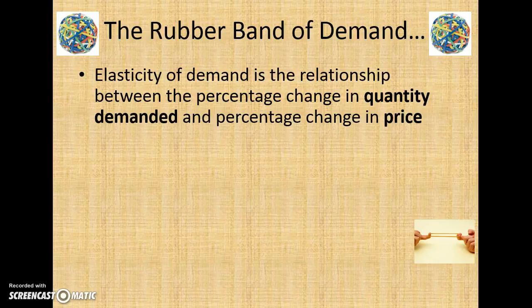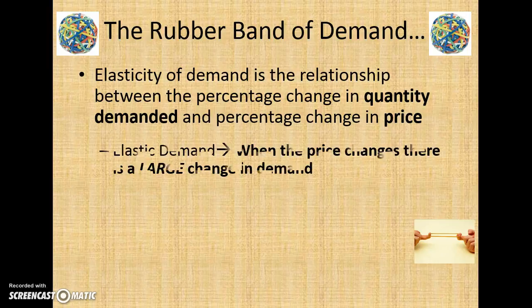If the quantity demanded changes at a fast rate when compared to the price, then there's high elasticity. So elastic demand is when the price changes, there's a large change in demand. You think of it as demand being really sensitive to the price. Okay? So if price changes just a little bit, all of a sudden demand changes like huge.